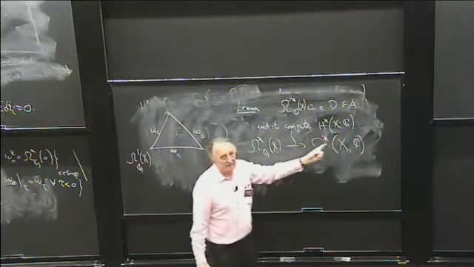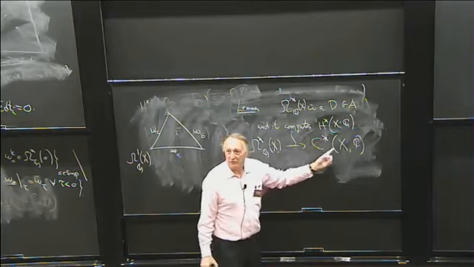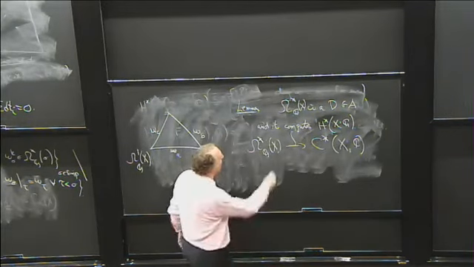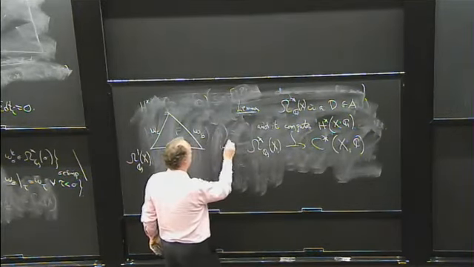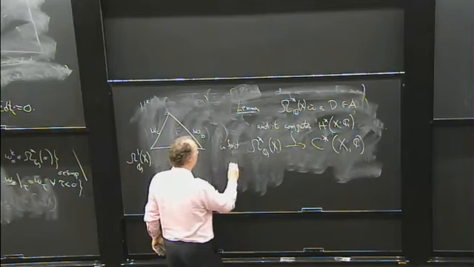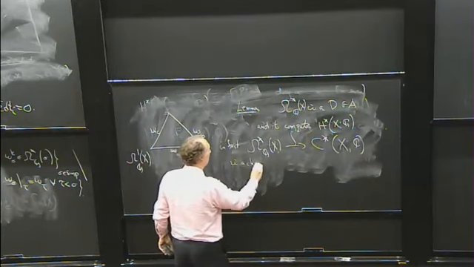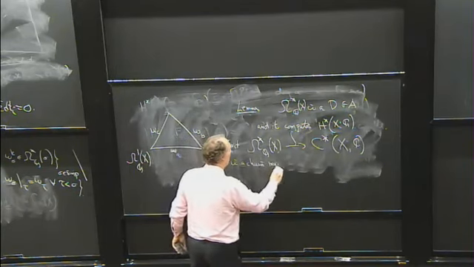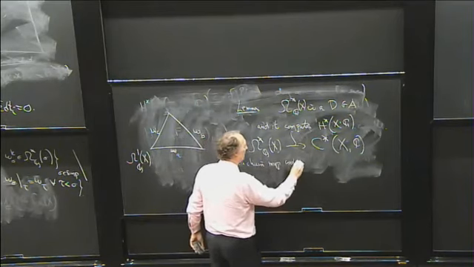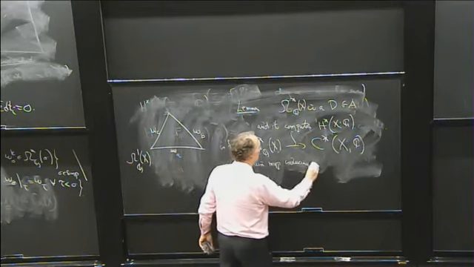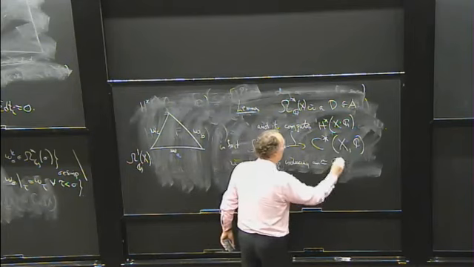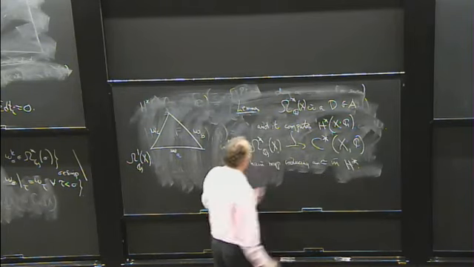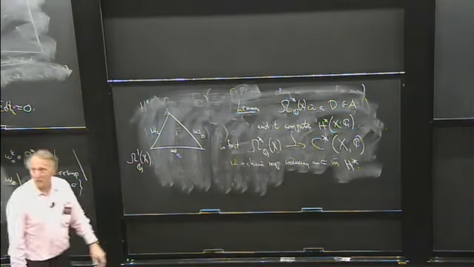That commutes with d and is an isomorphism in cohomology. So this is, in fact, a chain map inducing an isomorphism in cohomology. So here are some commutative cochains over Q.